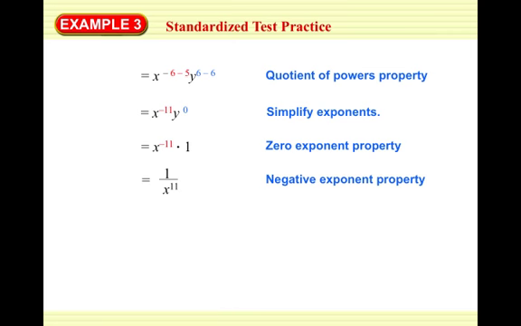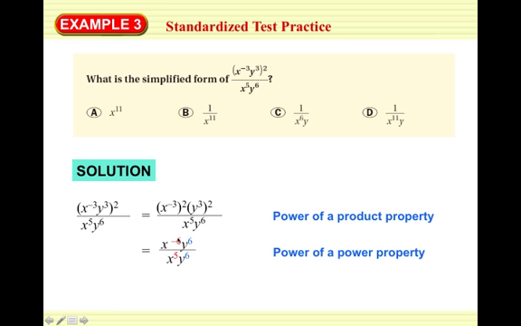Okay, now that is using the definitions and taking it step by step. I will tell you what I tend to do, just to make my life easier so I don't end up with the x to the negative 11. I look and go, okay, for the x's, where is the larger power? Well, the larger power is in the denominator, so that's where my x's are going to end up.